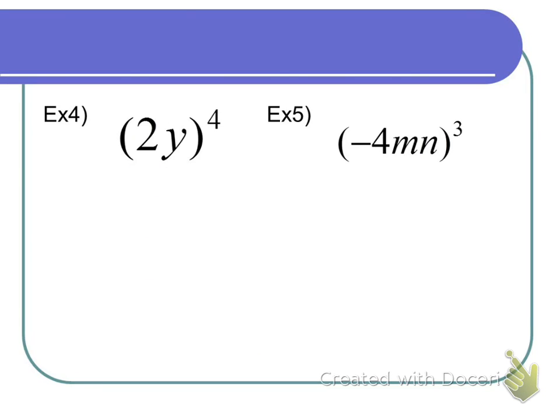All right, the next couple examples. Does this look like the top box or the second box? Second box. Okay, we've got multiple things inside parentheses, all of it getting raised to an exponent. When that happens, the exponent is given to each factor. So how many factors or pieces do we have inside the parentheses on example 4?